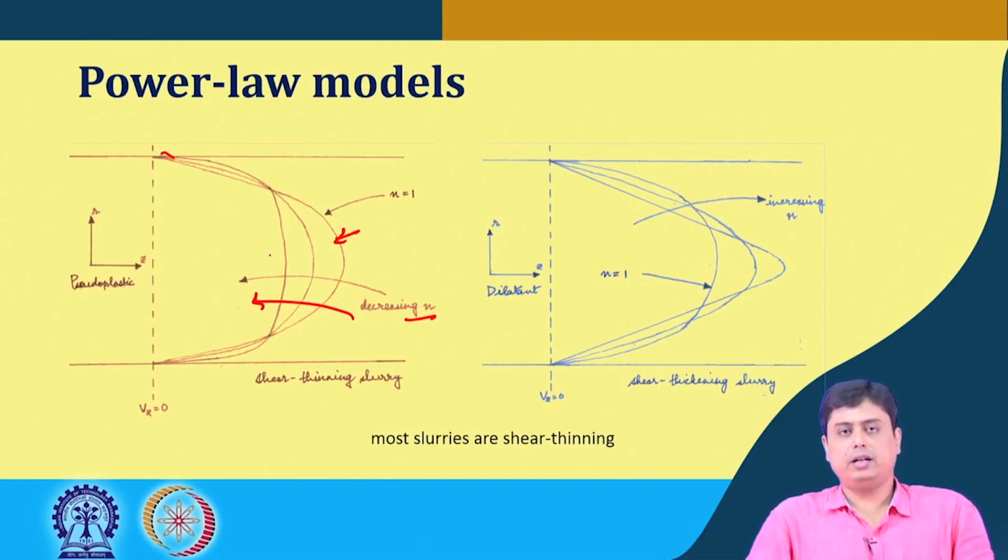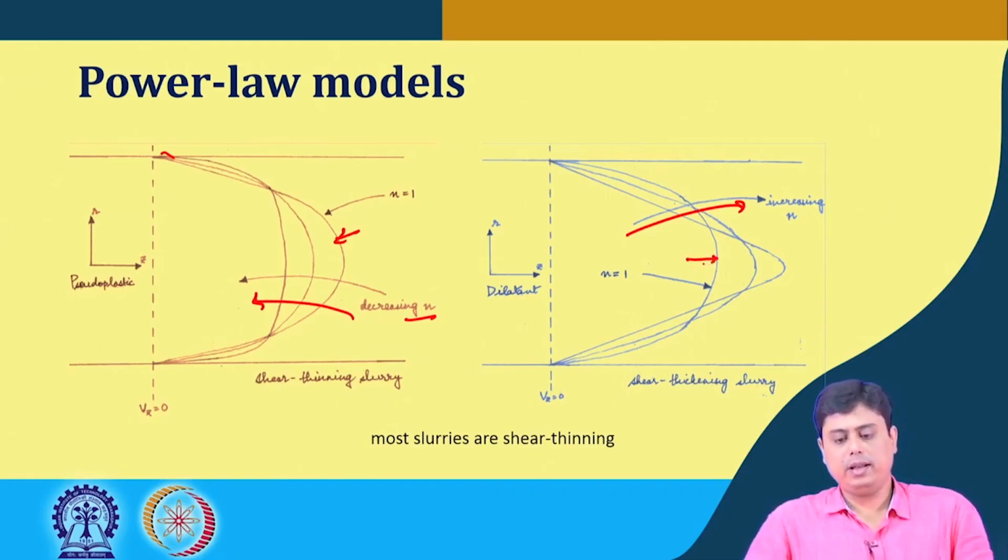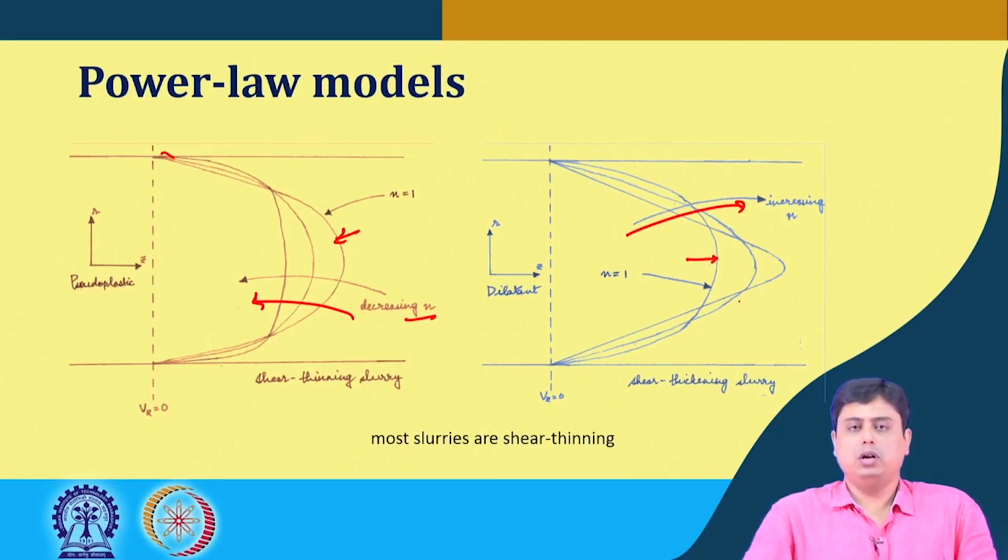But in the case of a dilatant fluid, n equal to 1 is the Newtonian fluid with a parabolic profile. As we increase the value of n, the profile becomes more and more sharp at the front end.